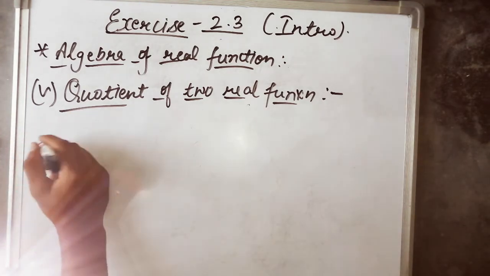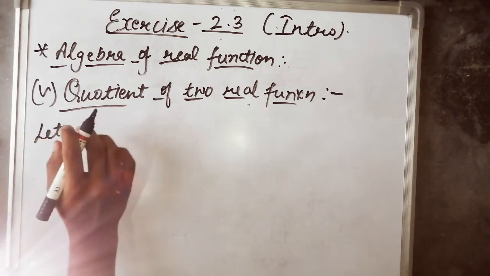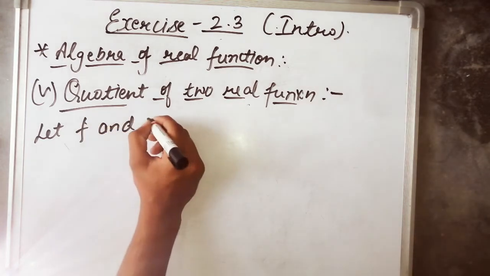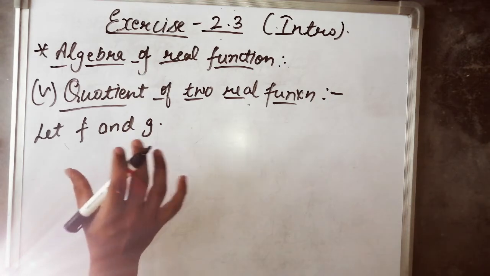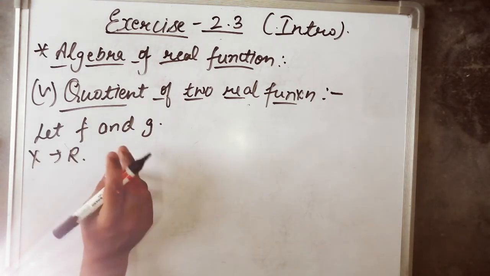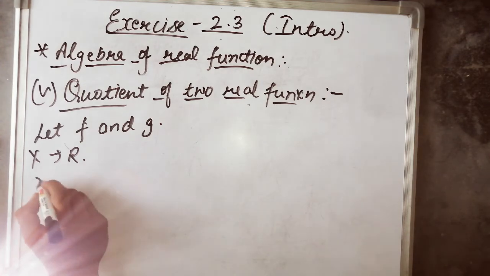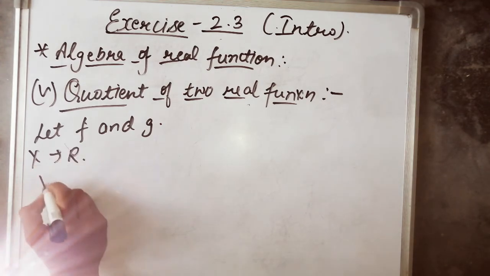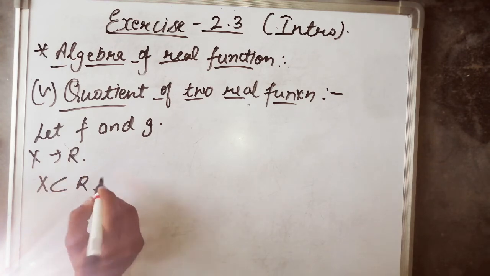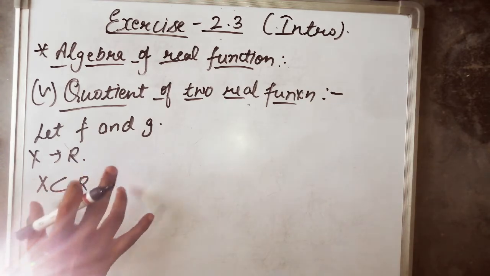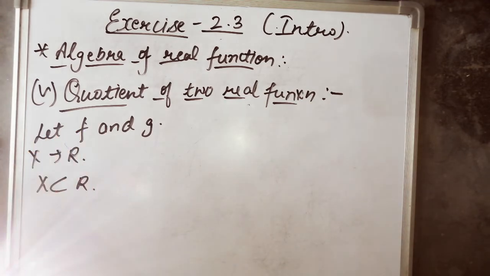We have considered two functions f and g, and these are defined on X to R, and X is a subset of R. It means that the X which we have taken here is a subset of the real numbers.